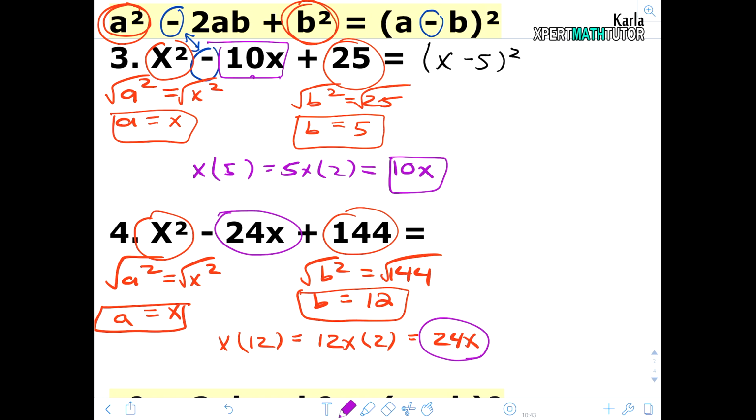So 24x is our middle term. So we can say that x squared minus 24x plus 144 is equal to a, which is x, minus b, which is 12, the quantity squared. Alright, let's move on.